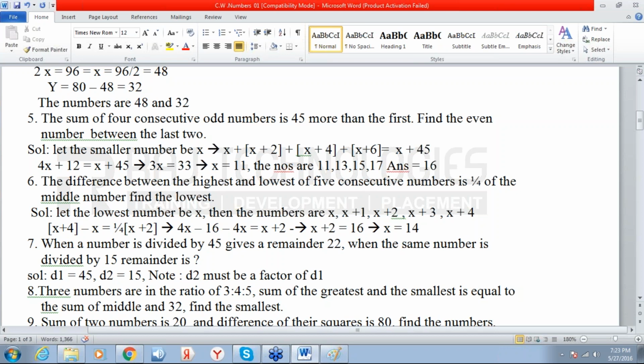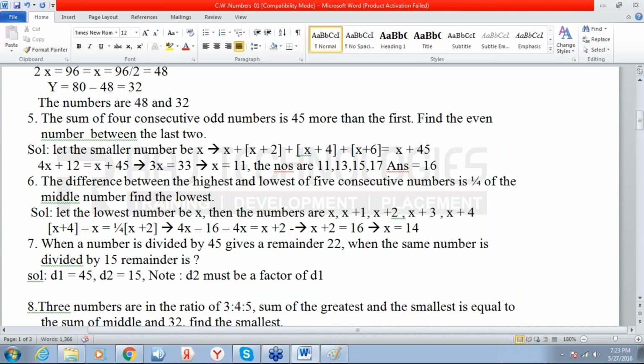What you should do is check whether D1 is divisible by D2 or not. If it is divisible by D2, directly go to the remainder and divide the remainder by D2.